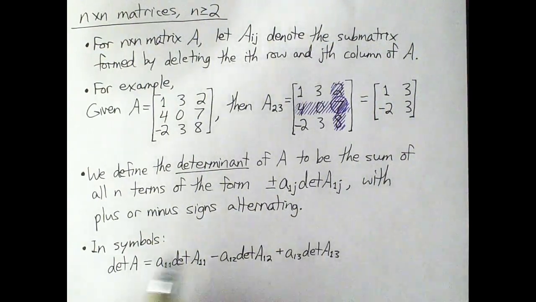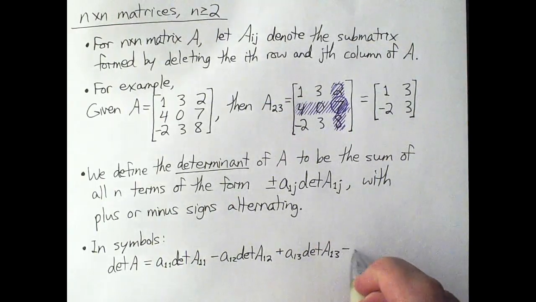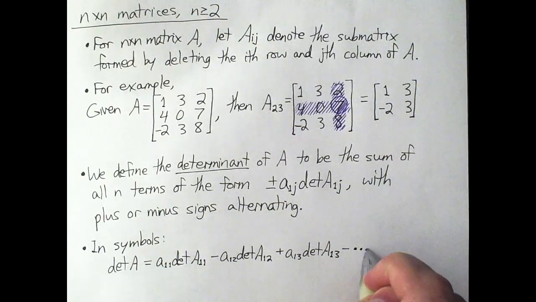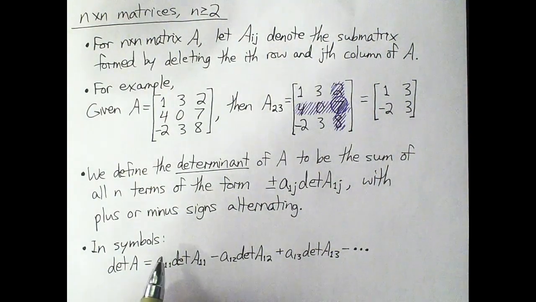How big is this matrix? We don't know, because we're talking about an n by n case, so we don't know how far we have to go. But we add and subtract alternating until we get to the last term. Is the last term going to have a plus in front of it or a minus in front of it? What do you think if we're alternating? Plus, minus, plus, minus, plus, minus.